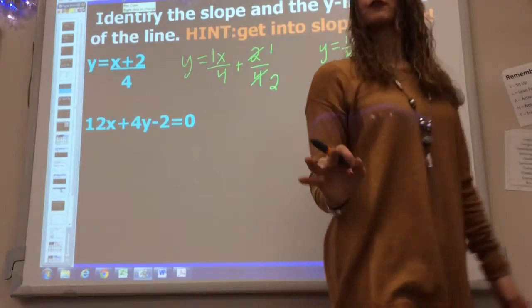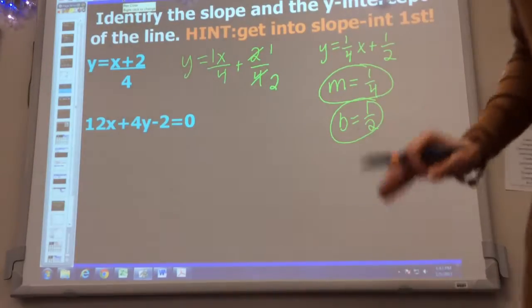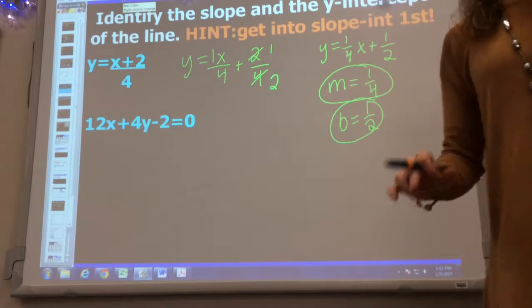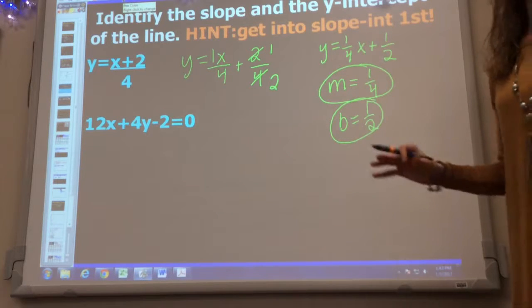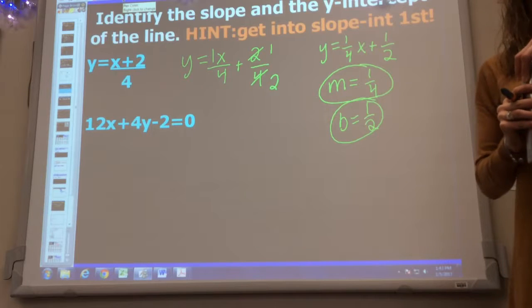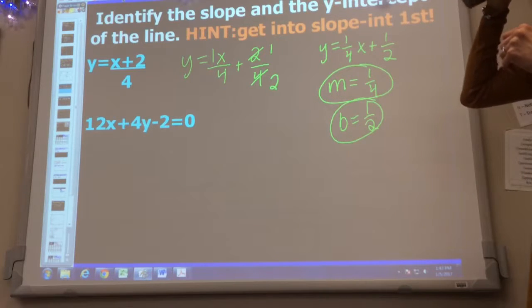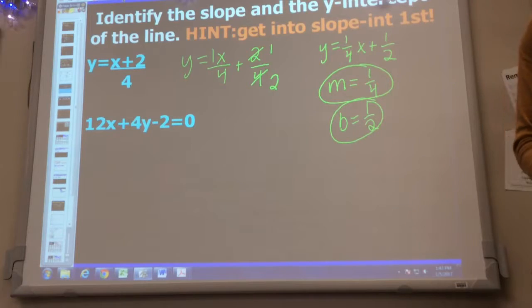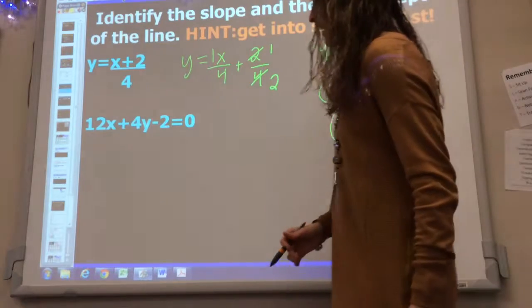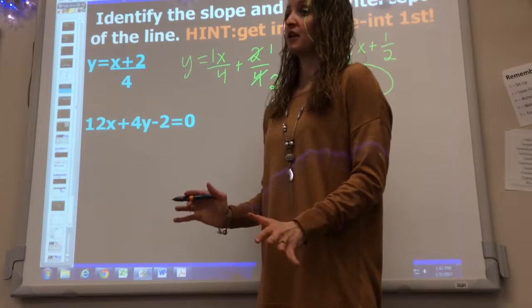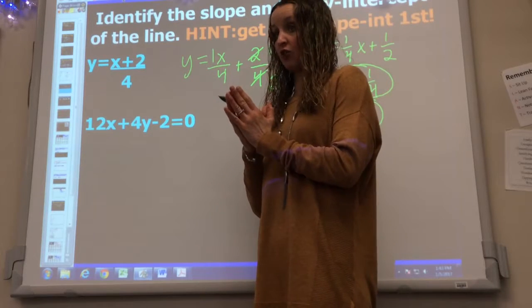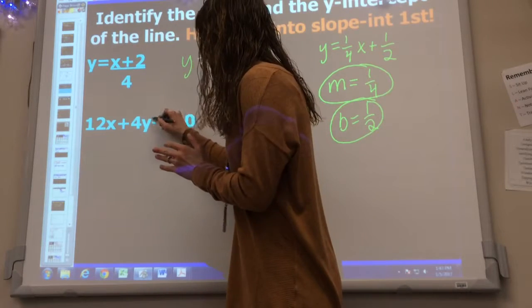You guys are doing a wonderful job of knowing what the slope is and what the y-intercept is. But sometimes the hardest part is getting it into slope-intercept form, right? So if we check that out, when we get in the slope-intercept form, what do we want to get all alone? Y. Great job.